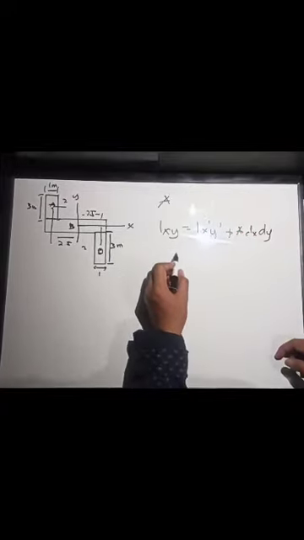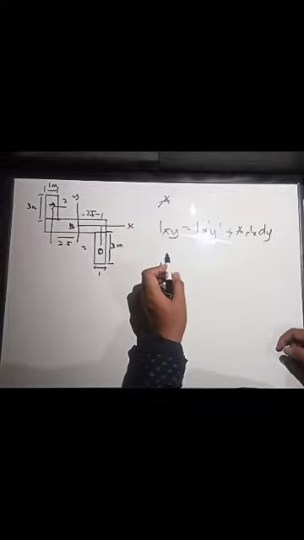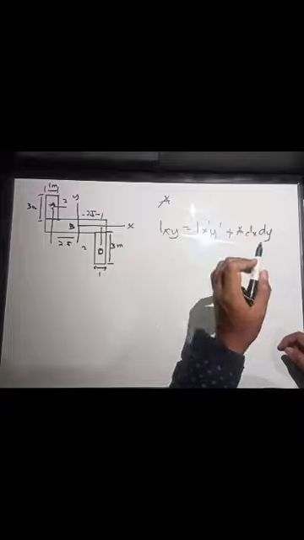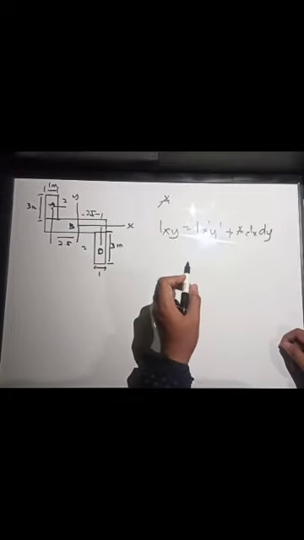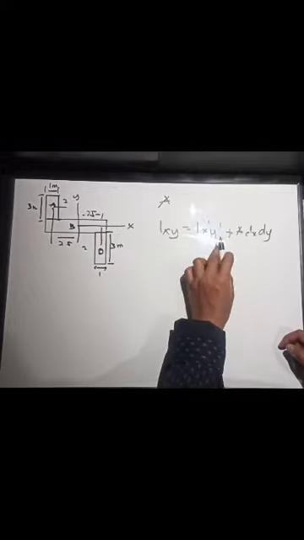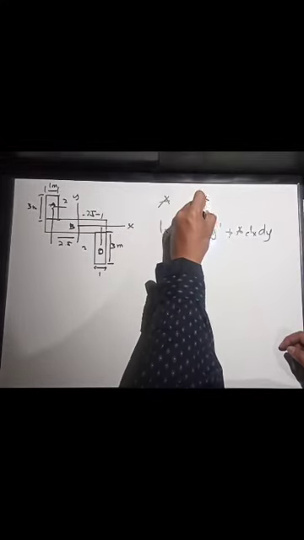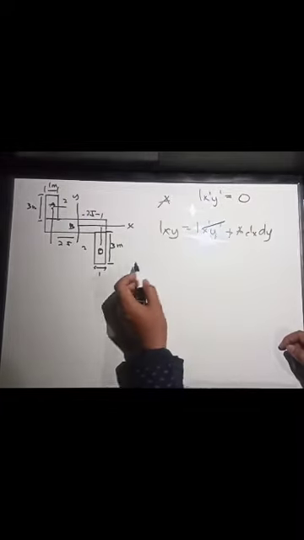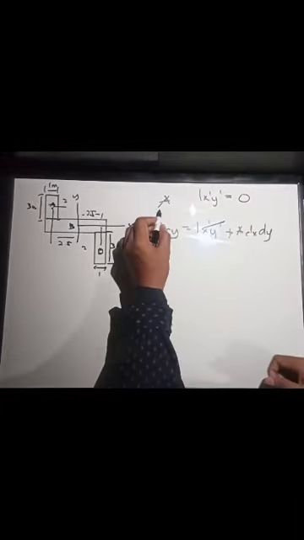So due to symmetry, the product of inertia of each rectangle is 0 about a set of x1 and y1. So x1 is equal to 0.